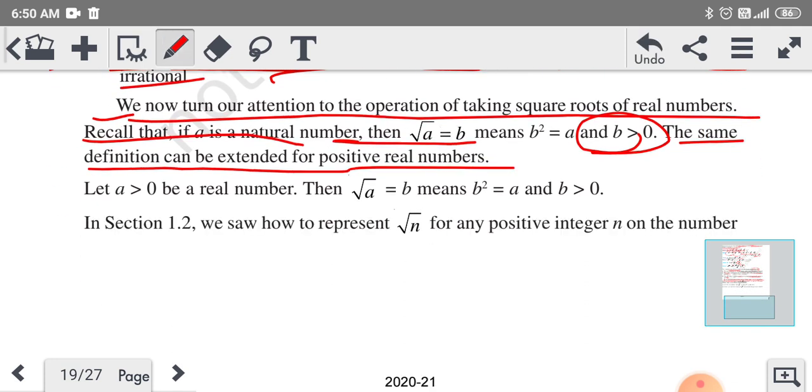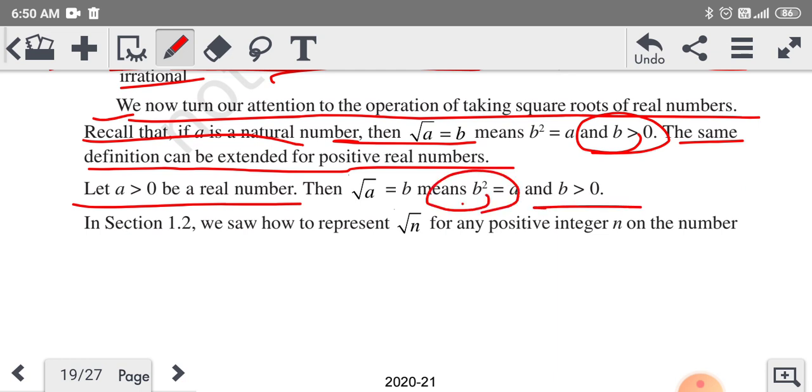So let a be a real number greater than 0, then √a is equal to b means b squared is equal to a and b is greater than 0.